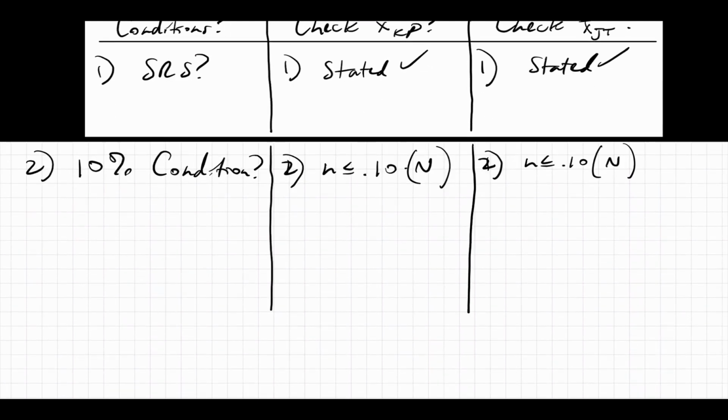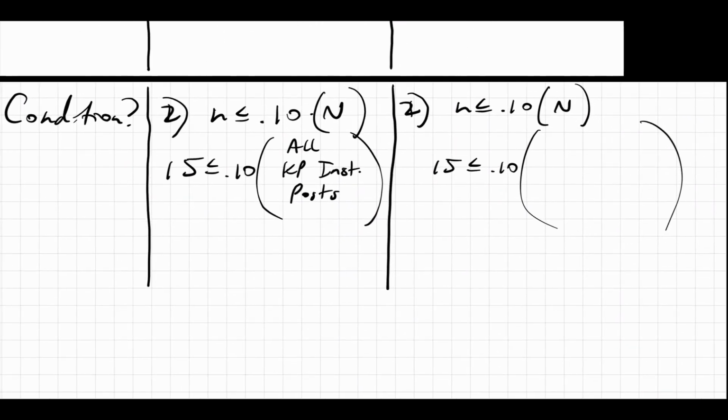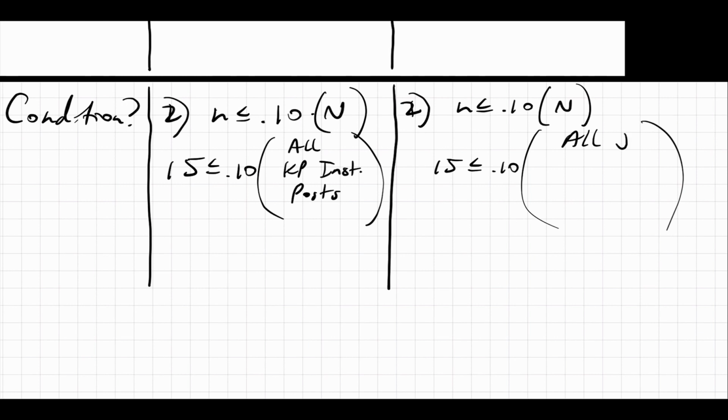Okay, so little n for each of these was 15. If little n is the randomly selected 15, big N would be all of the KP Instagram posts and all of the JT Instagram posts.